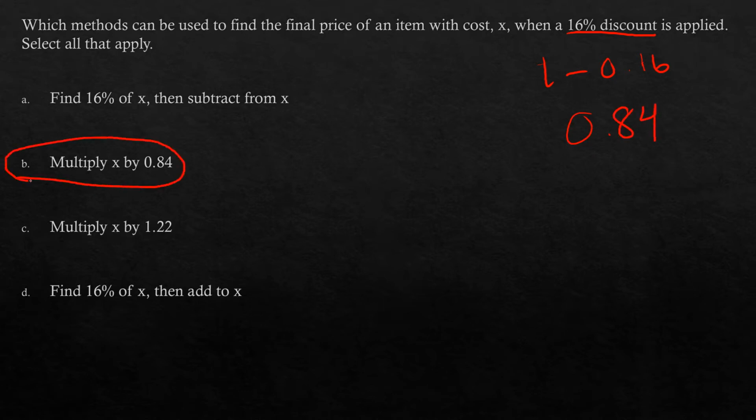So this one would work. Or, as I told you when we were solving problems in the past, always take your percentage and multiply it to your whole number, then subtract it, because it's a discount, so we're subtracting. So I could find 16% of x, then subtract it from x. Both of those would work.